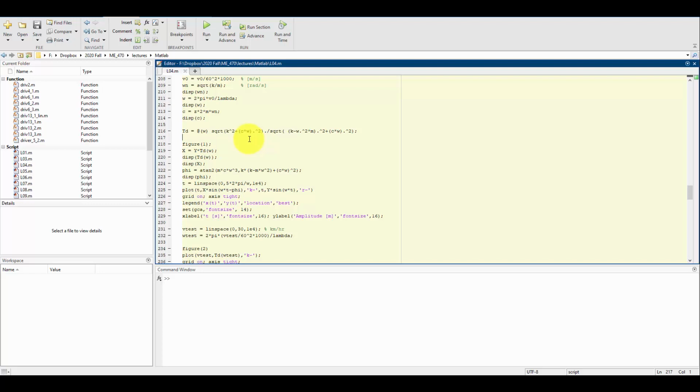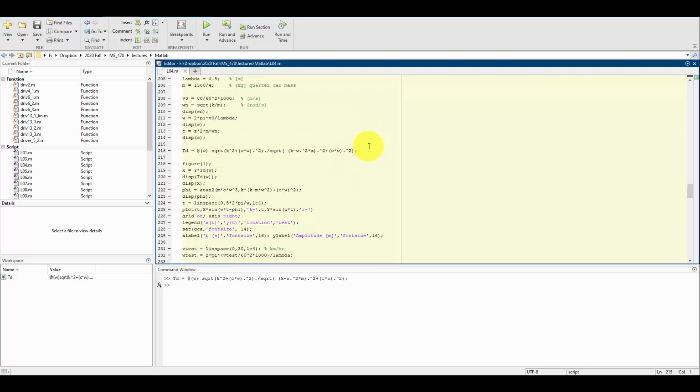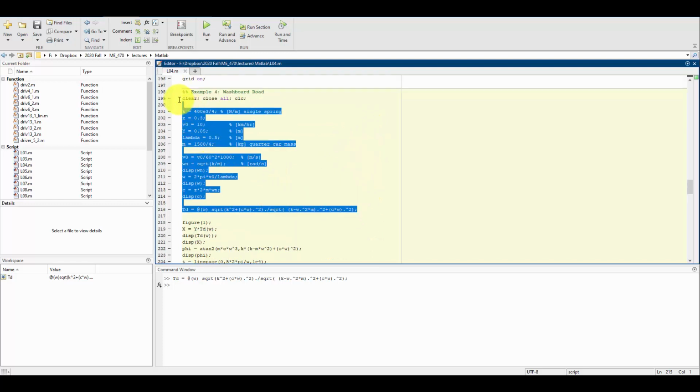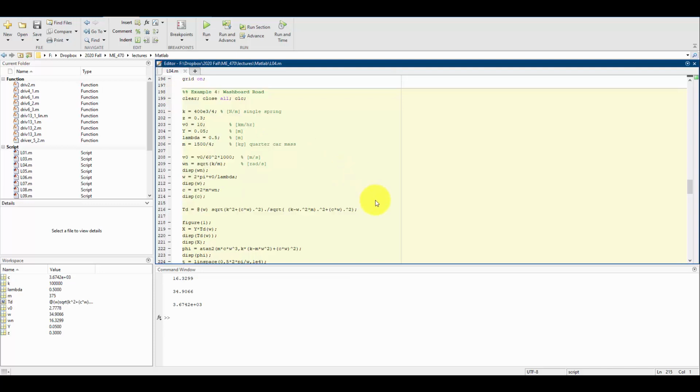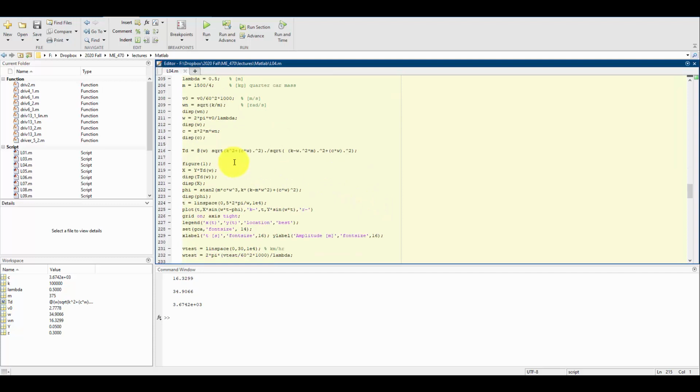So I've set up here in line 216, I am defining my transmissibility TD in terms of omega. So for every omega, I'm going to be able to calculate a new transmissibility. Now, what we're going to find is specific to this vehicle. We're going to allow this specific vehicle to go faster or slower and see what the transmissibility curve looks like.